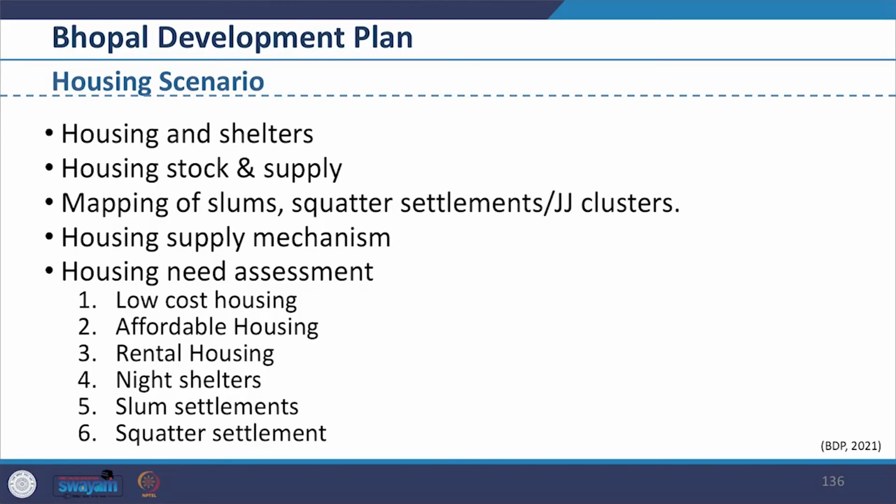The planners need to look into the housing scenario, housing stock and supply, mapping of slums, squatter settlements, Jhuggi Jhopdi clusters, other informal settlements, housing supply mechanism, housing need assessment including typologies, low cost housing, affordable housing, rental housing, night shelter, slum shelter, squatter settlement and so on.